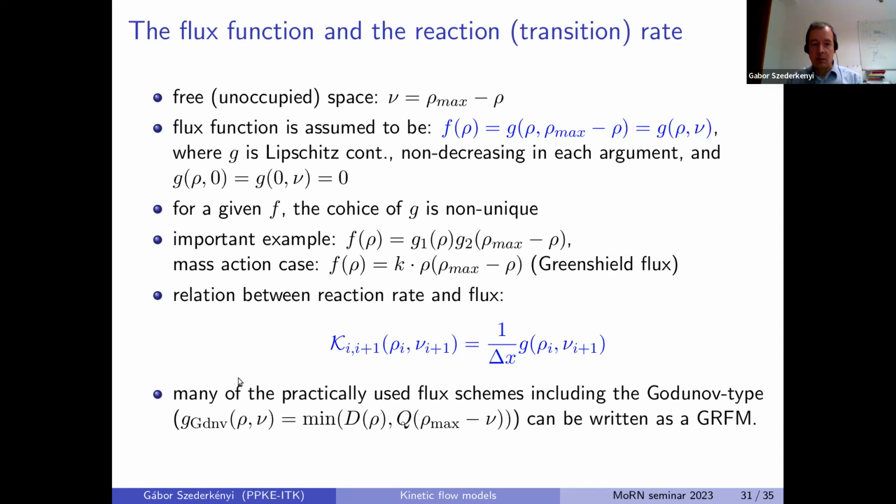And so we proved that many of the practically used discretization schemes, including this Godunov type, which is known to be the theoretically best discretization of flow models, can be written as a generalized ribosome flow model.